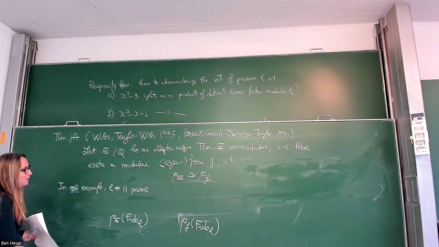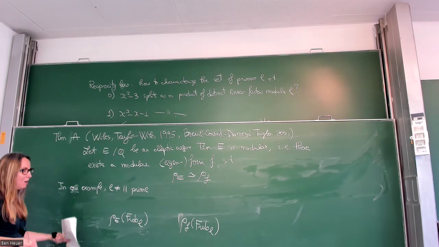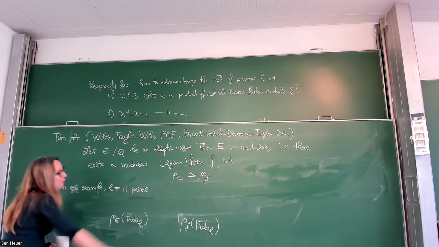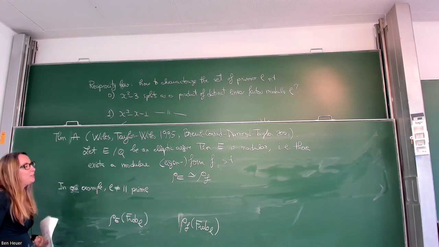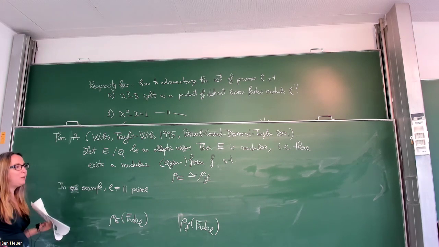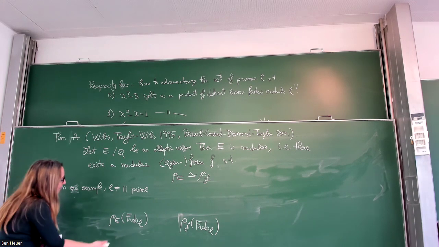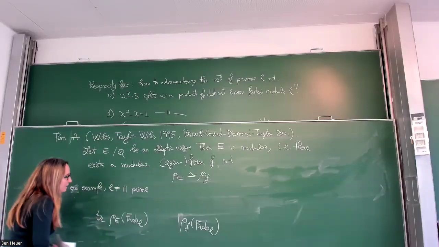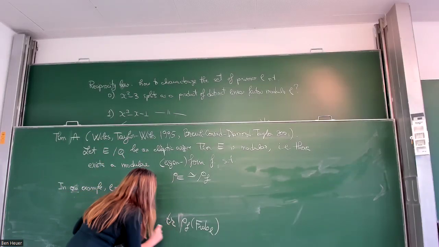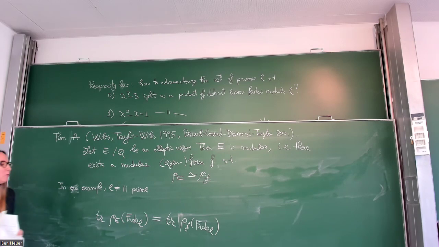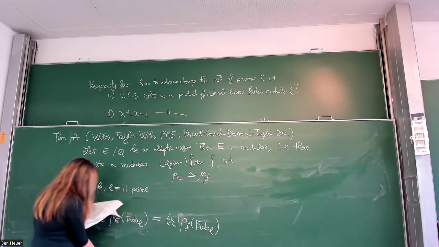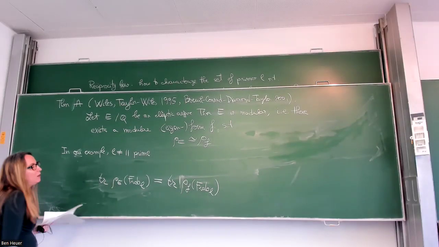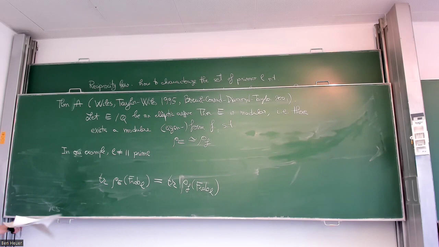And okay, so the Frobenius represents a conjugacy class. If I look at two isomorphic Galois representations, I evaluate them on the same element, I'm going to get conjugate matrices. And these matrices, if they're conjugate, they're going to have the same trace. And so the trace of this and the trace of this, you get an actual equality. And now, this is constructed from the torsion points on the elliptic curve.